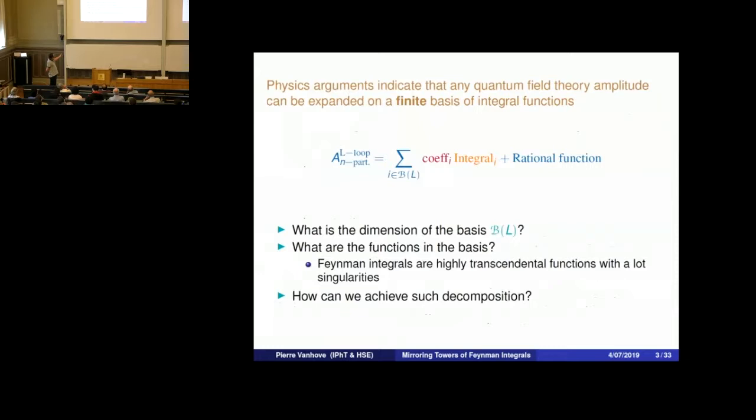So the physics argument tells you that if you have an L-loop amplitude, where L is the order in perturbation, and I'm only going to talk about perturbative physics, no non-perturbative physics. Physicists have convinced themselves that any quantum field theory at a given order in perturbation involving n particles can be expanded as a finite sum of some integrals.